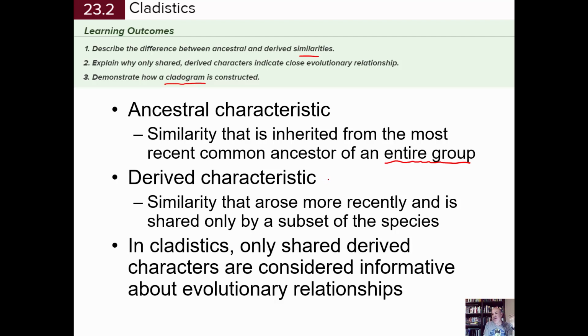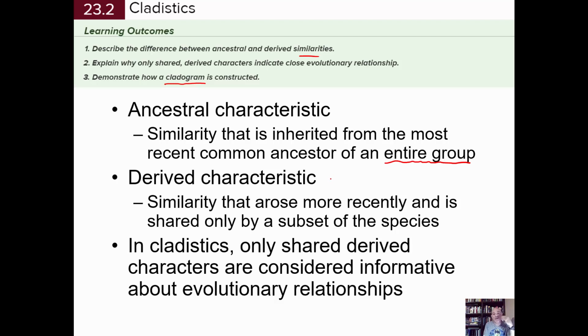For example, we're going to be talking about vertebrates soon, animals with backbones, and all animals with backbones got the backbone from a common ancestor. But then as descent with modification occurs through evolutionary time, we have hair evolving in one group, on one branch, and that would be mammals.